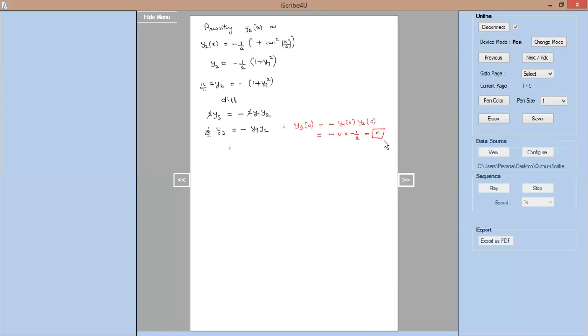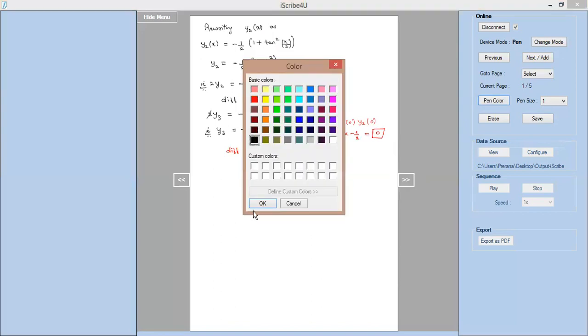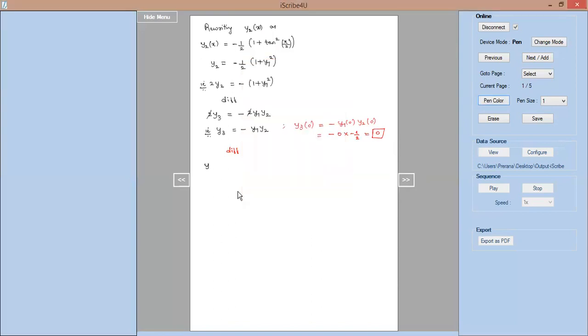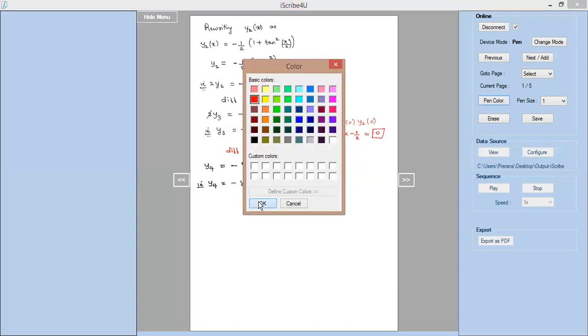Now once again we have to differentiate this y3 expression to obtain y4. So for y4, we have to apply the product rule: minus y1 as it is, differentiation of y2 is y3, minus y2 as it is, differentiation of y1 is y2. So this gives us minus y1 into y3 minus y2 square. So this is y4 of x for us, and we need to find it at 0.